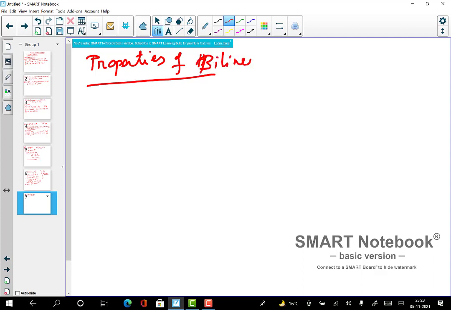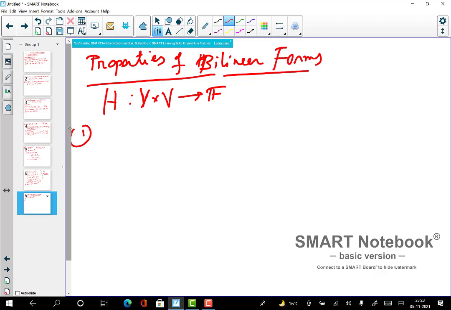Bilinear forms can be anything, right? So given any H, so this H is given, says from V cross V to F. It is given to us, and we want to define some map.